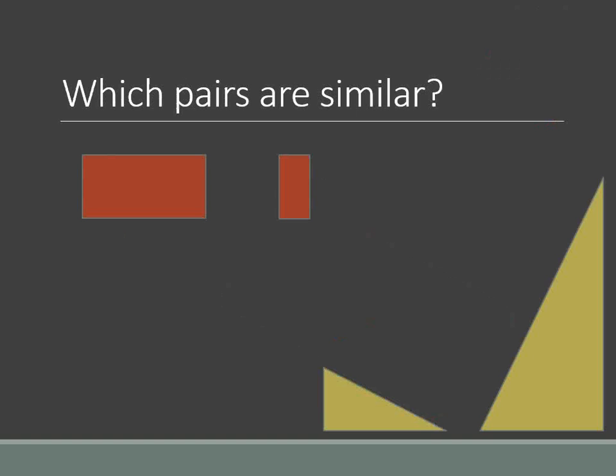Okay, so let's do a little practice. First, look at the rectangles. Are they similar, yes or no? Chat your answer. Are the rectangles similar based on the definition that we just said? Yes or no?